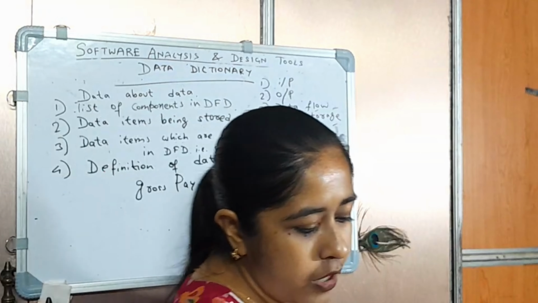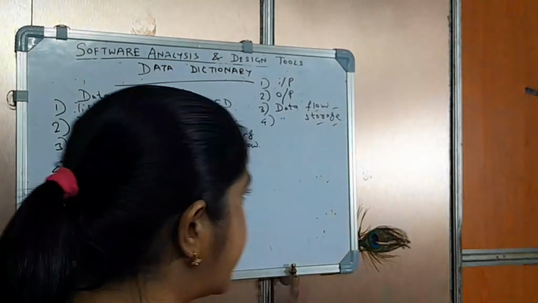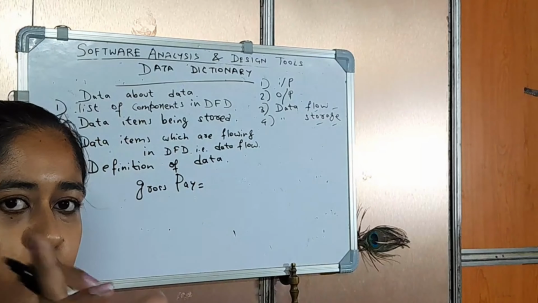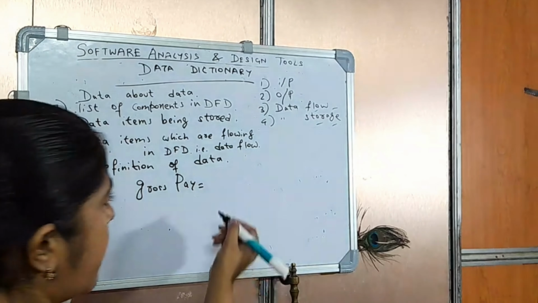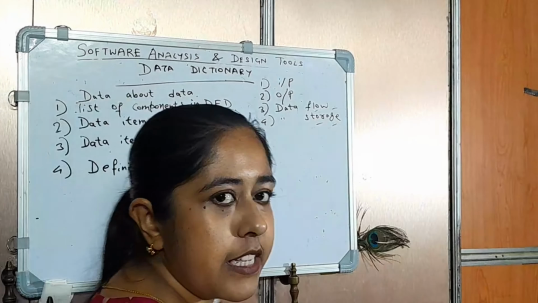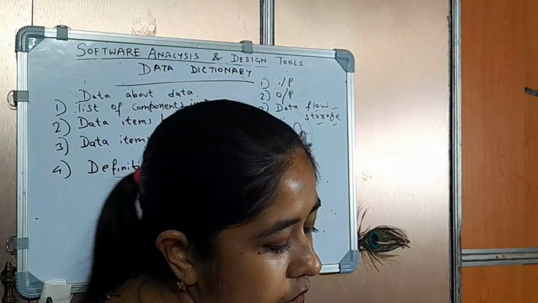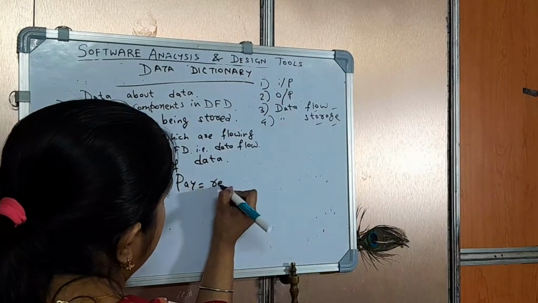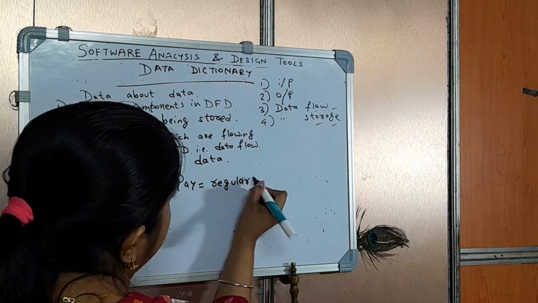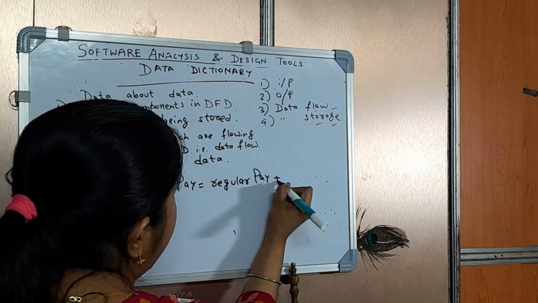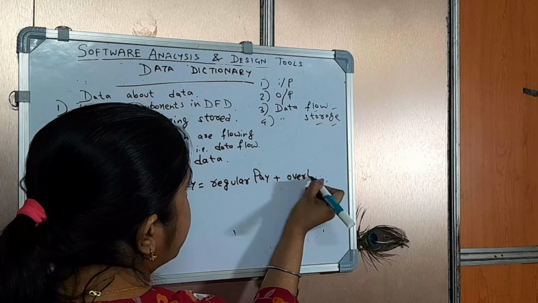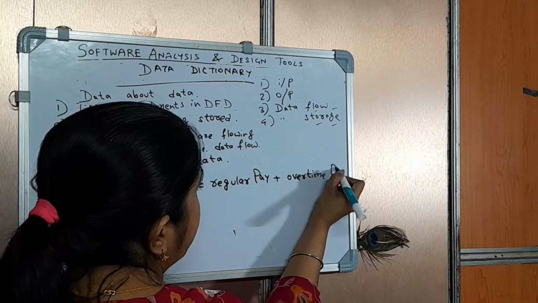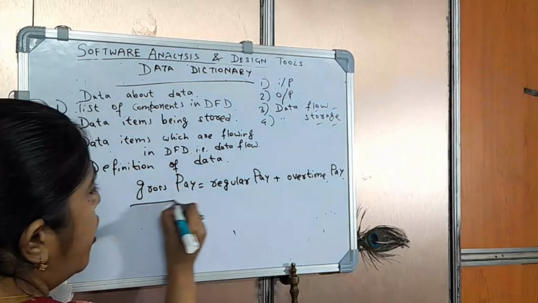In the case of gross pay, it is broken into two components: the regular pay, whatever pay I am getting, and the overtime pay. So this is what is there in my gross pay.